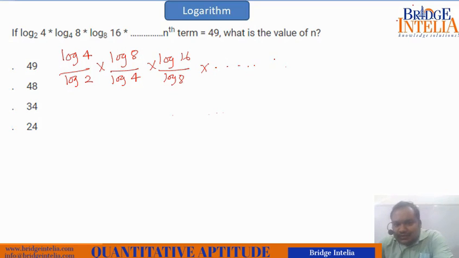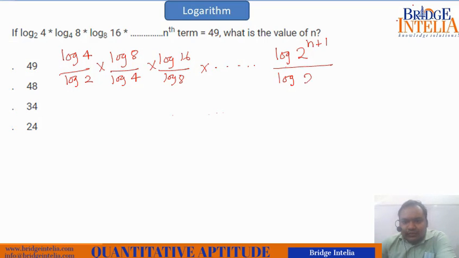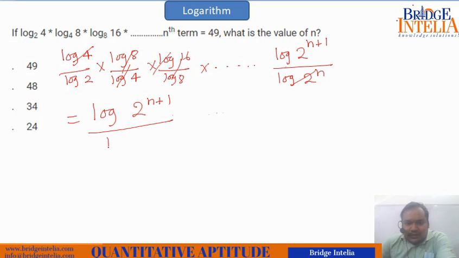So the nth term would be what? Log of 2 to the power n plus 1 whole divided by log of 2 to the power n. As you can see, these diagonal terms are bound to cancel. So these terms are definitely going to get cancelled, and you would be left only with log of 2 to the power n plus 1 whole divided by log 2.